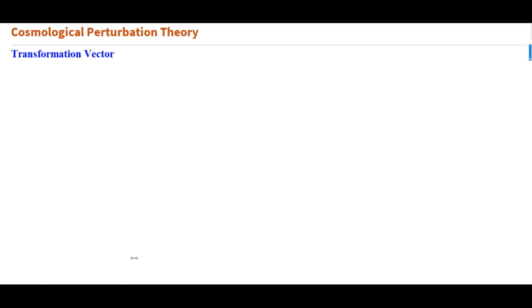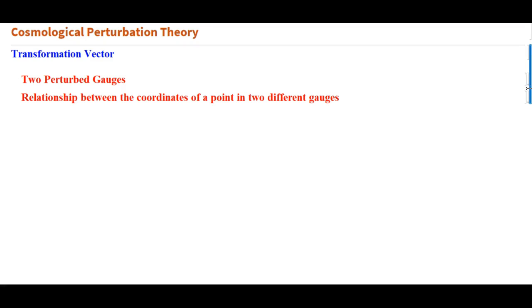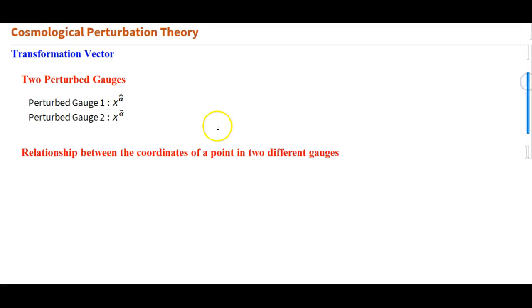Now we have two perturbed gauges. So we have the background gauge and two perturbed gauges, and we write the coordinates of the two perturbed gauges as x alpha caret. The caret gauge is our gauge 1 and the tilde gauge is our gauge 2.